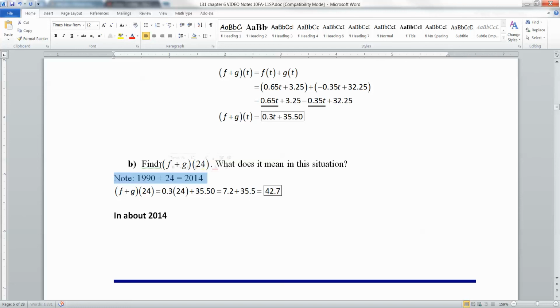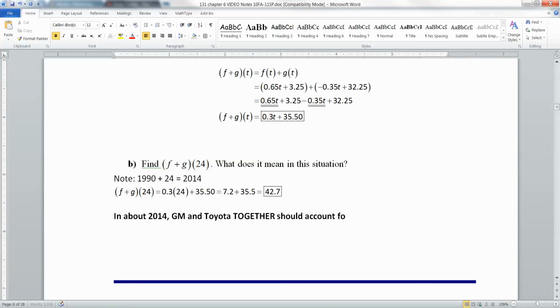Okay, so in about 2014, what can we say? GM and Toyota together, because we added them, so we combined them together, should account, because this is the future, should account for about 42.7%, because market share is a percentage of the light vehicle market.